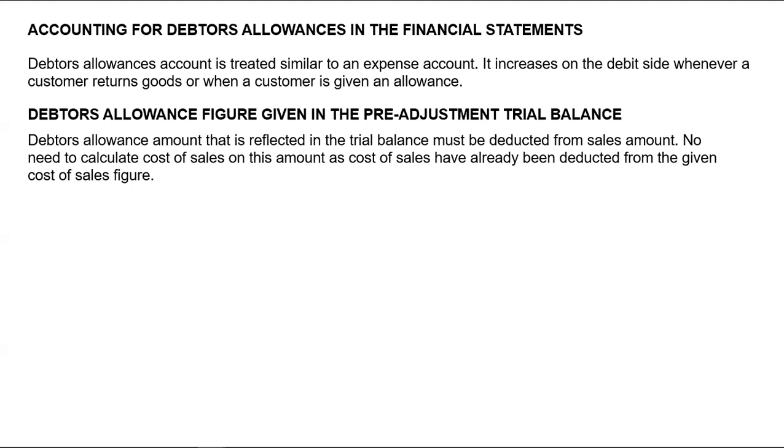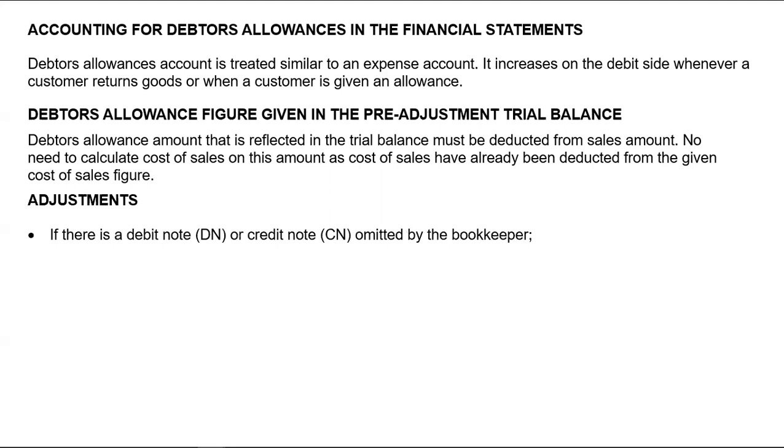What about debtors allowances amount that appears under adjustments? If there's a debit note or credit note omitted by the bookkeeper. Now, what is a debit note or credit note? The debit note or credit note is a source document for when goods are returned. Can you use either or?